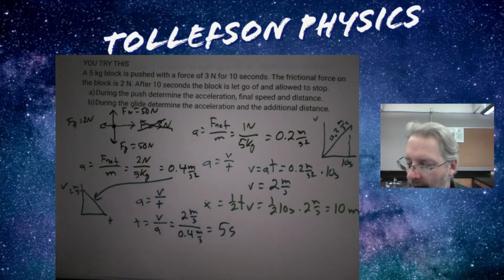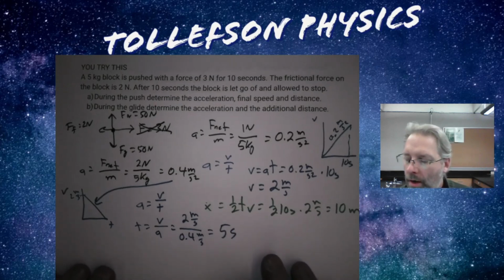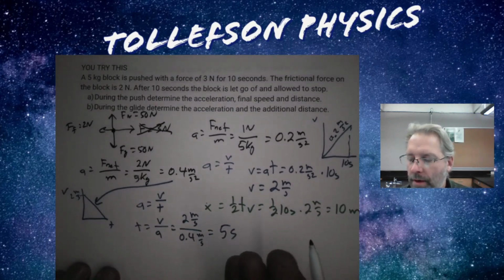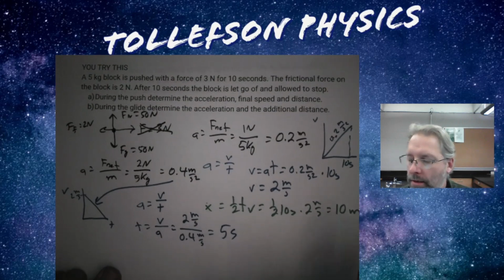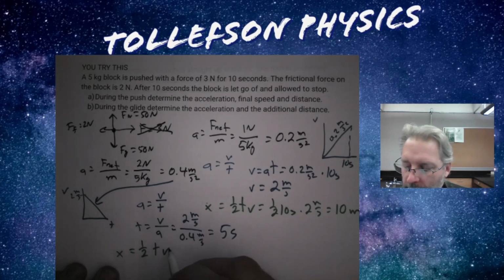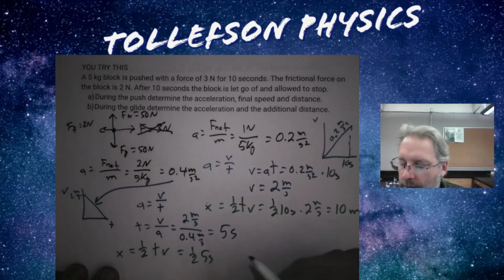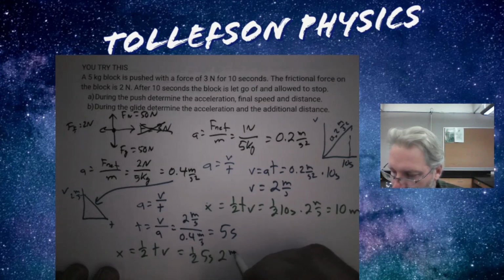All right, once I know the time, I can figure out how much further it slides. So because this net force is greater than before, we expect it to slide less, right? So let's see if that's true. So I'll just rewrite what I have here. 1/2 times the base times the height. All right.